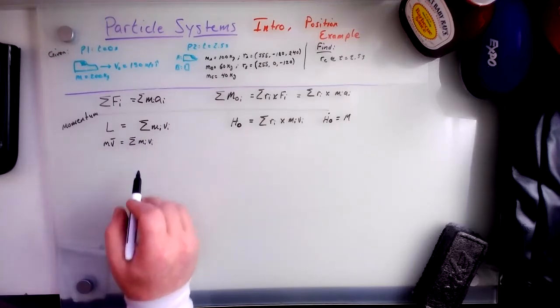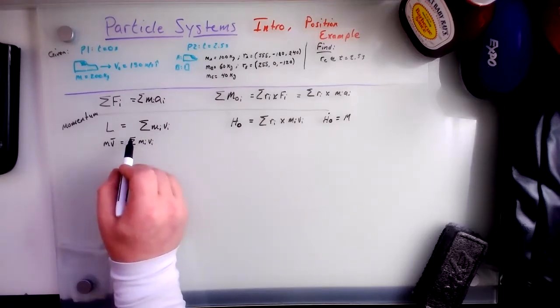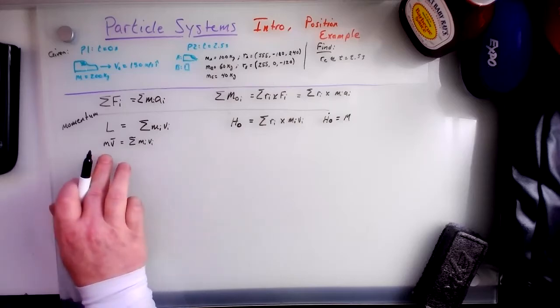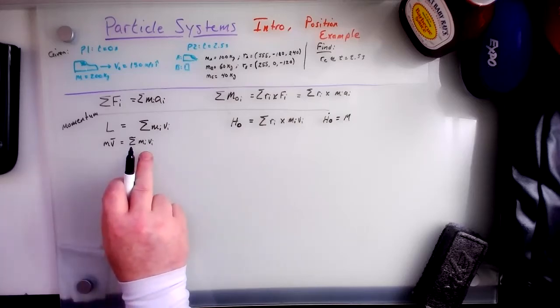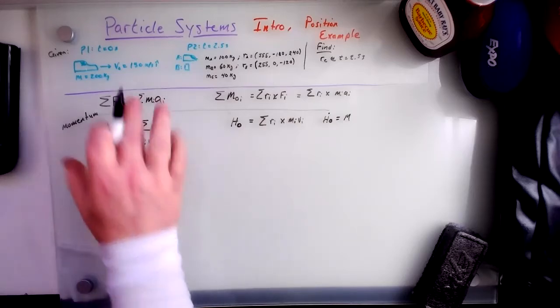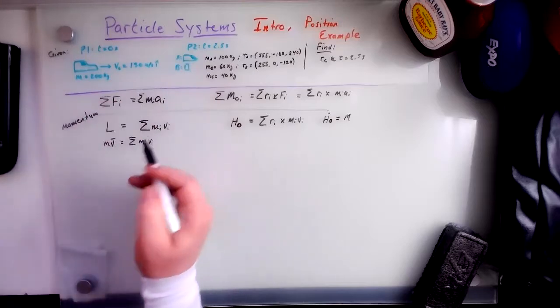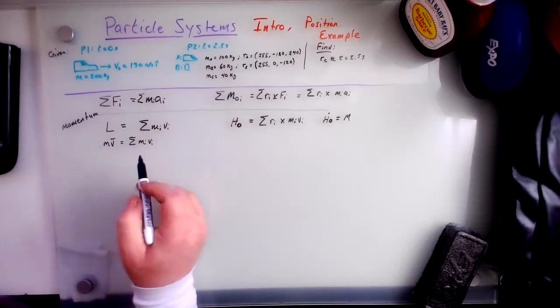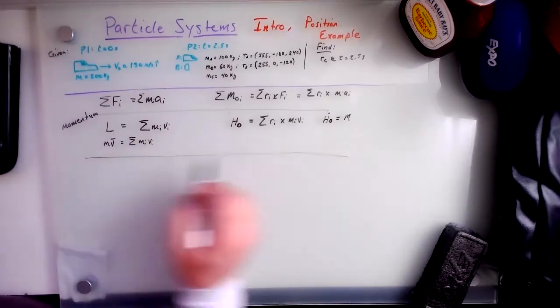m_i v_i, right? And we would use this if at one point they're all together and at the next they're broken apart, right? So something like this. And with this kind of thinking, we can actually go into position.